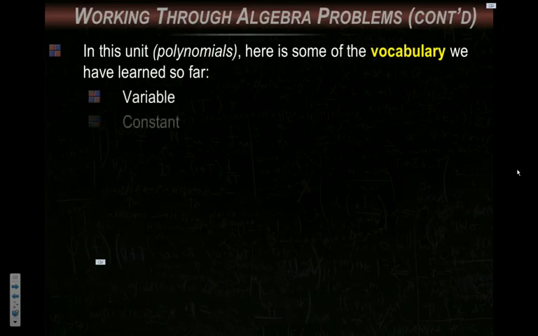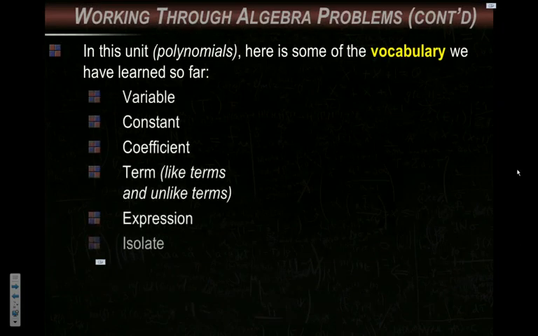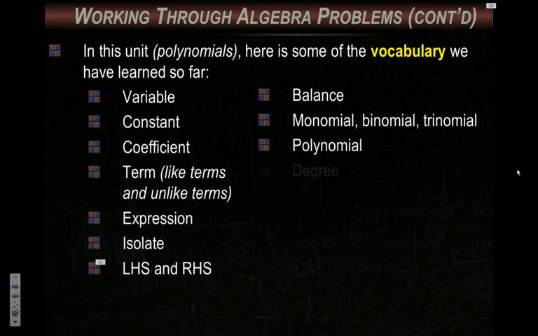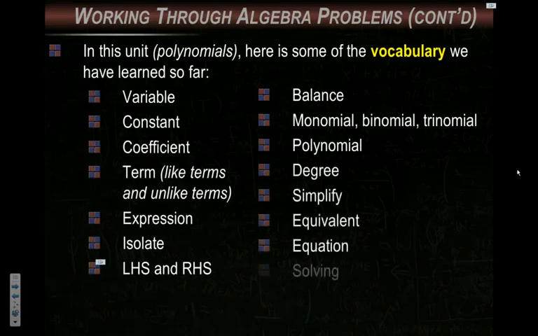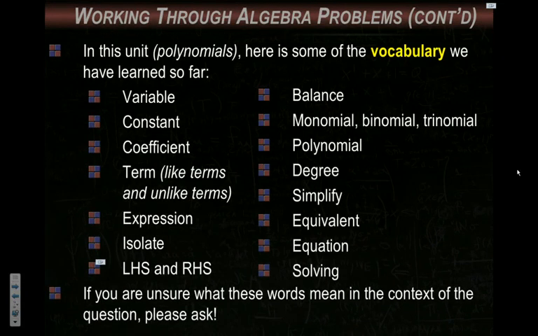Okay, here's some vocabulary you should be familiar with. I don't have definitions for these, but these are words you should at least have seen before in this unit. And if these are words you don't know, you probably should know them before the next practice test. Like if you don't know what a coefficient is, you should probably learn that. If you don't know what a polynomial is, you should probably know that, okay?